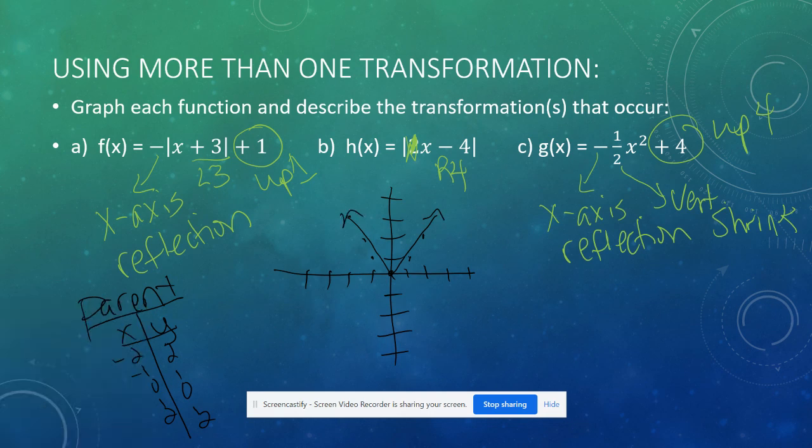And so for the reflection, this would come next. Remember, the reflection takes all of my y values and makes them negative. Now we can't make a negative 0 because 0 isn't negative. But basically, this is my x-axis, and it takes these values and flips them down like this.